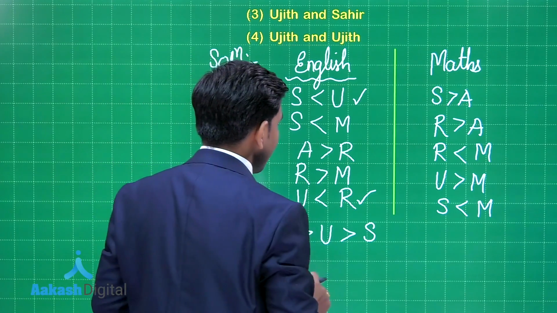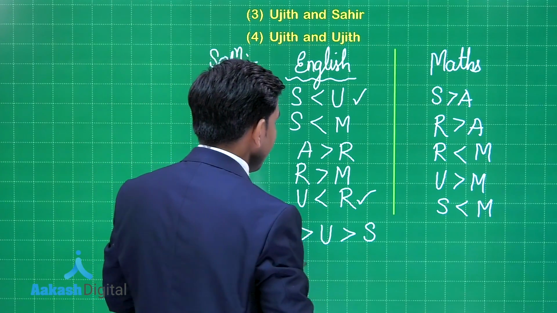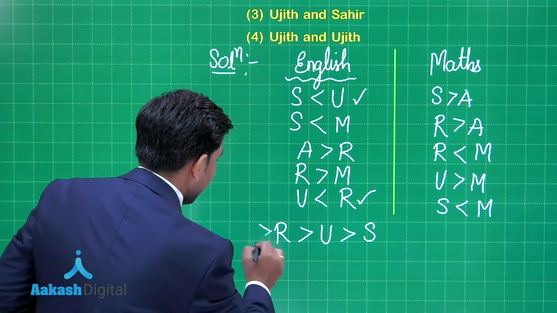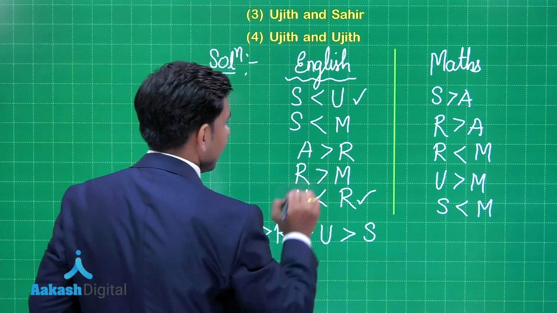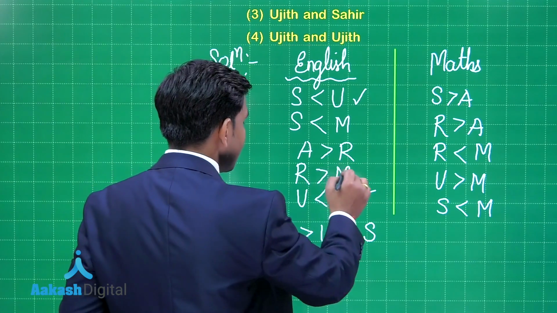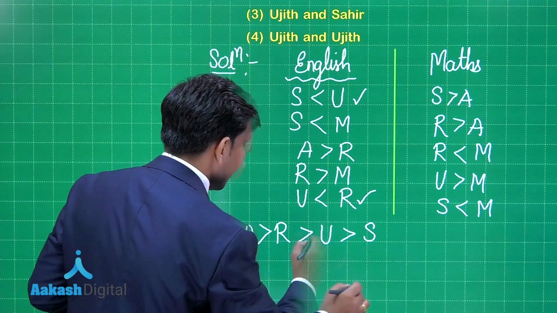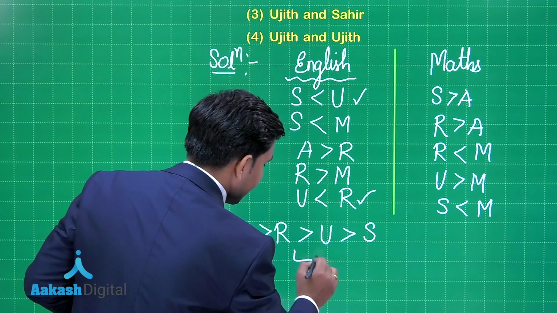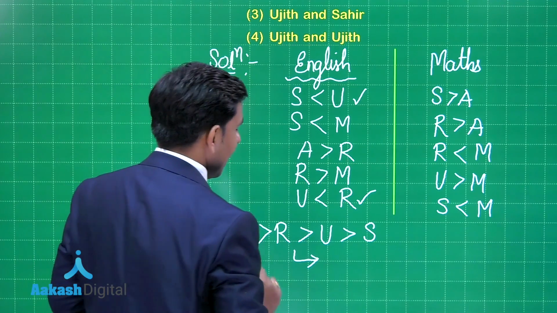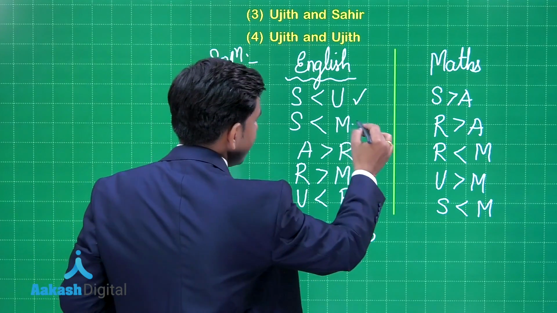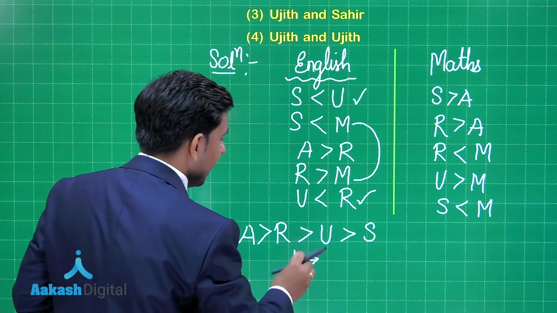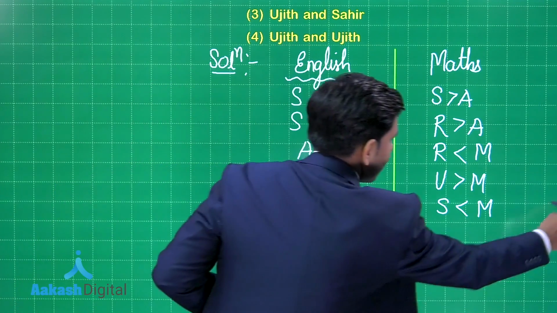So from this relation you can simply write that A will be here because A is greater than R and M is less than R. So definitely M will lie after R somewhere this side, and so using these two statements we can write M will lie between R and S somewhere.